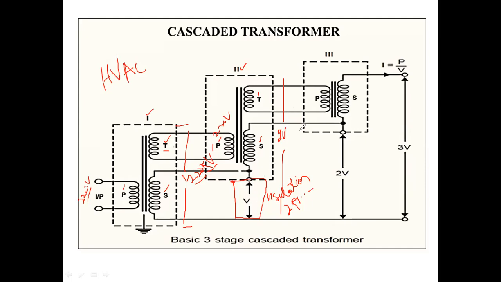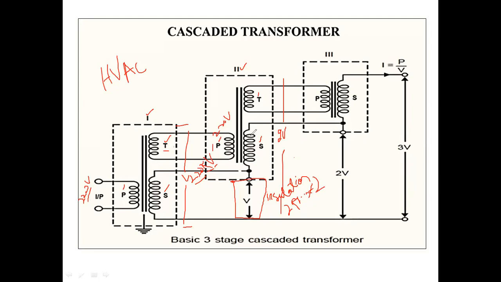Again we will get 2V, which means 2 multiplied by 2 of this voltage. This voltage is double of the voltage we obtained over here, so it means the voltage has been enhanced further.